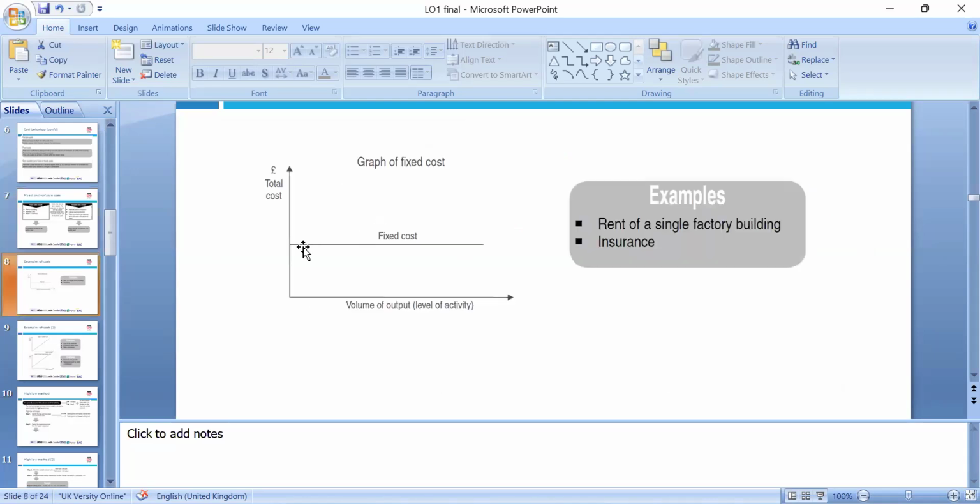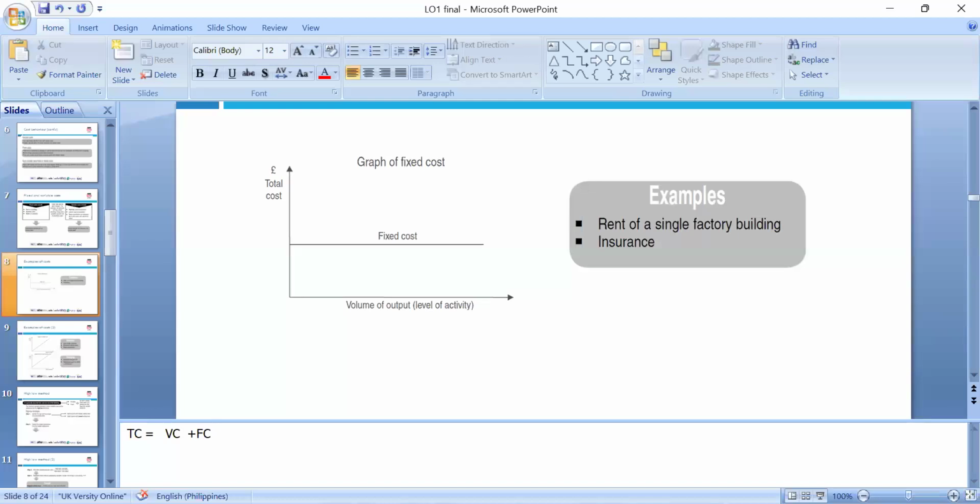When we say fixed cost, it's shown in the graph as a straight line. As many units as you carry on producing, the fixed cost will stay the same, and the total cost includes fixed. So we can say TC. What does TC mean? Total cost equals VC, variable cost, plus FC, the fixed cost.